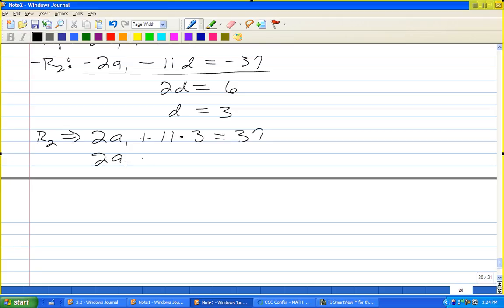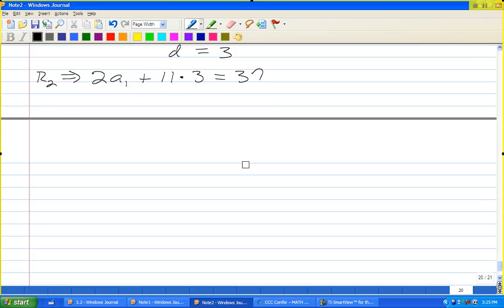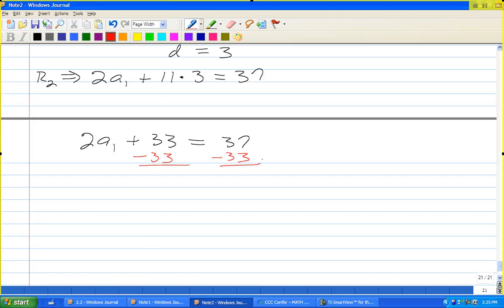So 2A1 plus 33 is 37. Subtract 33 from both sides. So 2A1 is 4, divided by 2. So A1 is 2. Okay, so find a formula for S sub n.